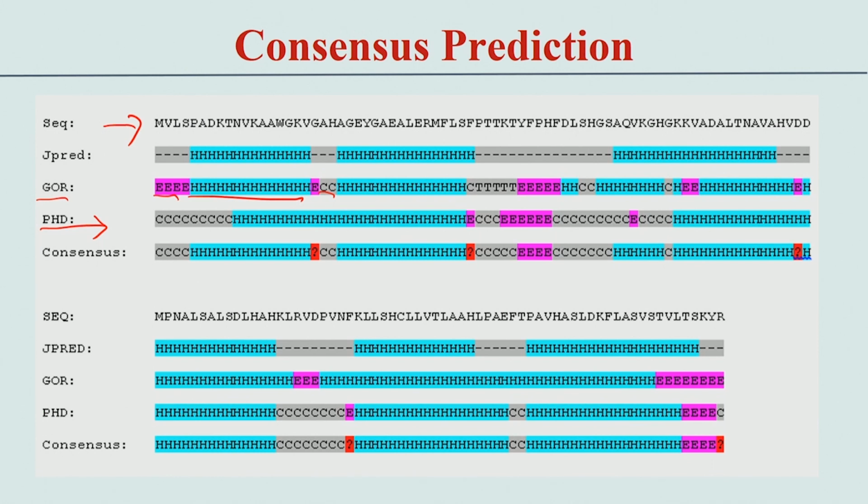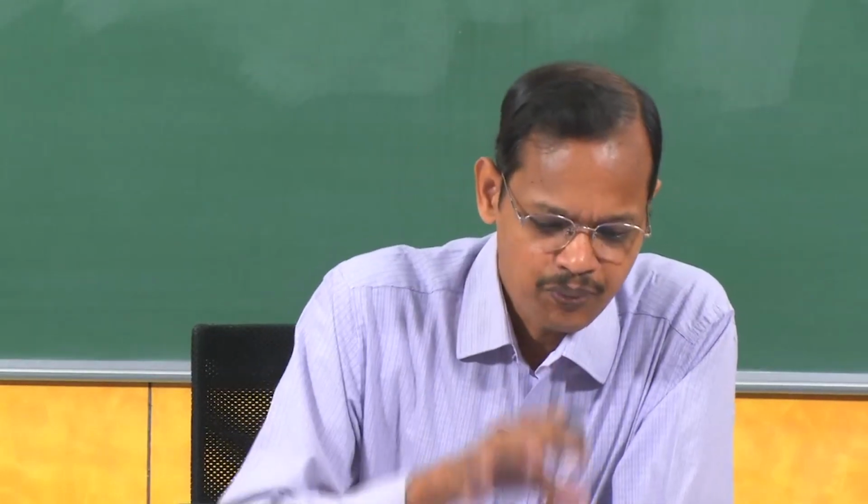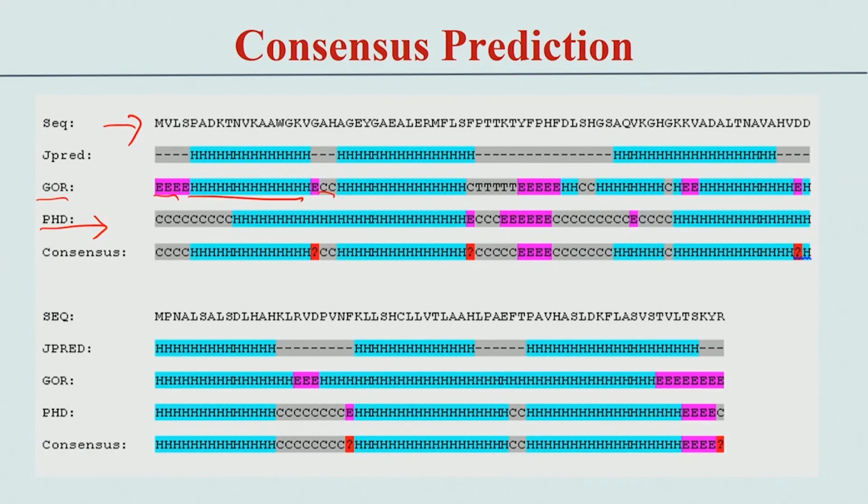Here, for example, I show only 3 methods; currently several methods are available and you can use as many methods as possible depending upon the performance, and then see whether there is any consensus. For example, for this region, all the methods predict helix. So, there is no conflict, and you can use this region as helix.